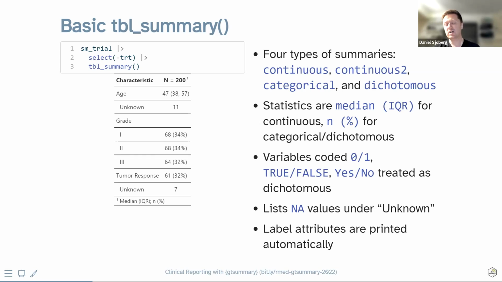So the difference here is that tumor response is coded as 0, 1. And it recognized that, hey, this is a 0, 1 variable, which is a very common way for representing binary data, like did you respond yes or no? And so it's just going to say, I think that's dichotomous data. I'm going to put that on one row.